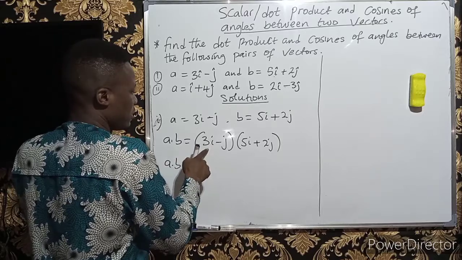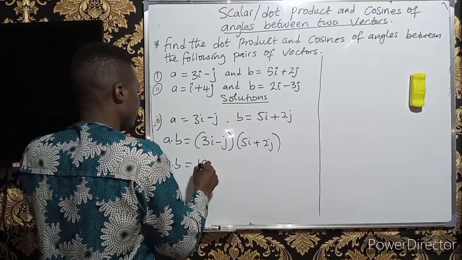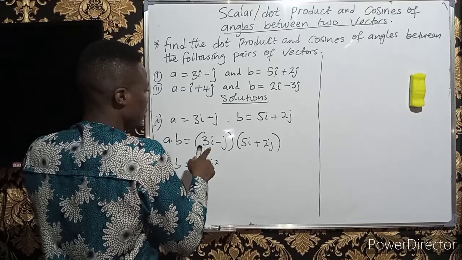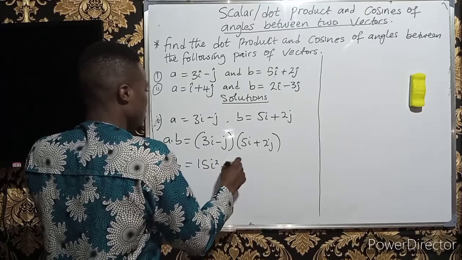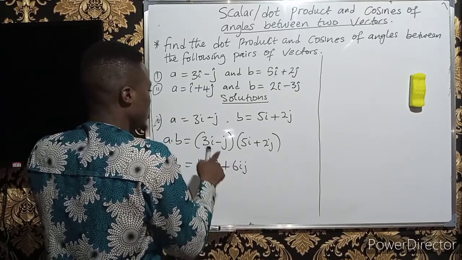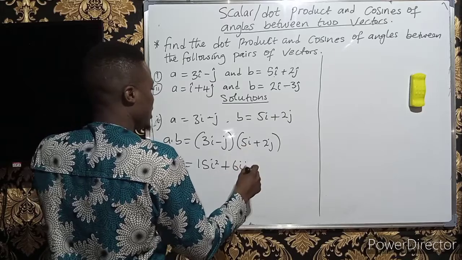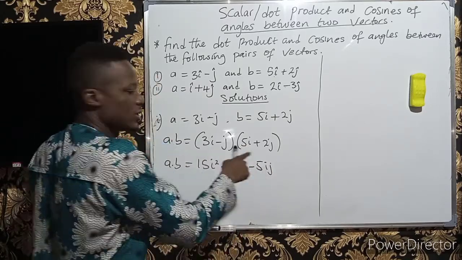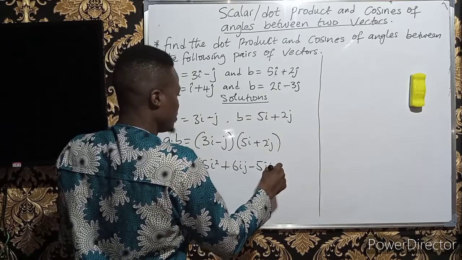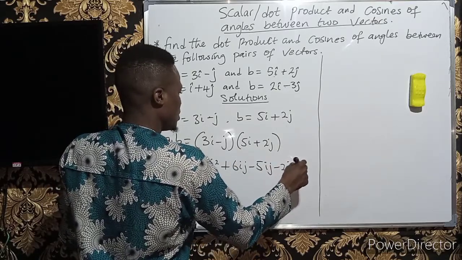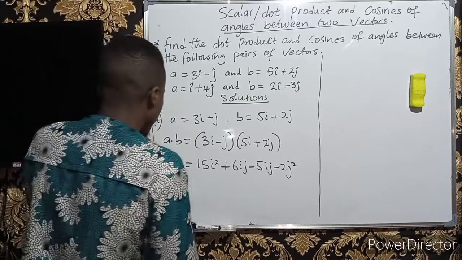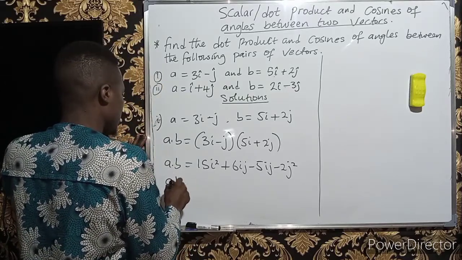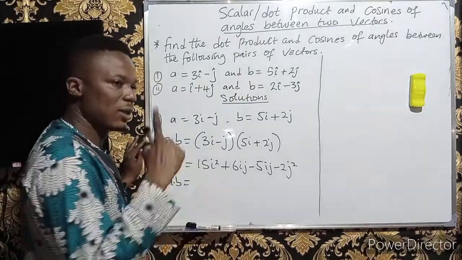So A dot B will now be 3i times 5i is 15i squared. 3i times 2j will give us 6ij, minus j times 5i will give us minus 5ij, and minus j times 2j will give us minus 2j squared. And from the key information I gave you, you should know that i squared means i times i, which is 1.